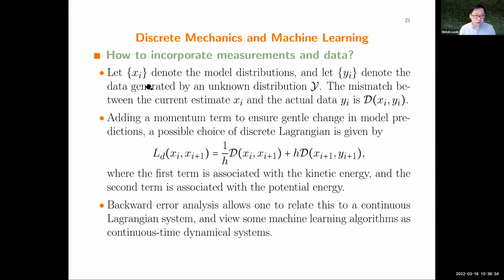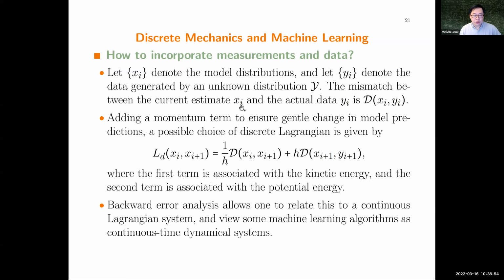So let's imagine that you have a sequence of x_i's, which are in some sense your best guess as to what the distribution really is, and then y_i's are your sample data from this unknown distribution which you're trying to approximate.